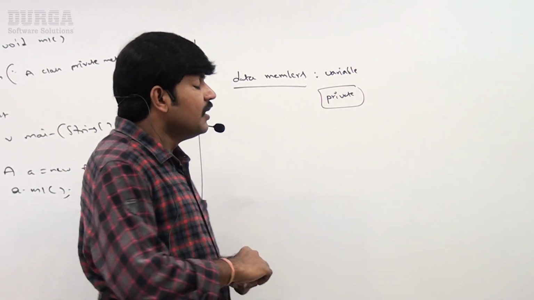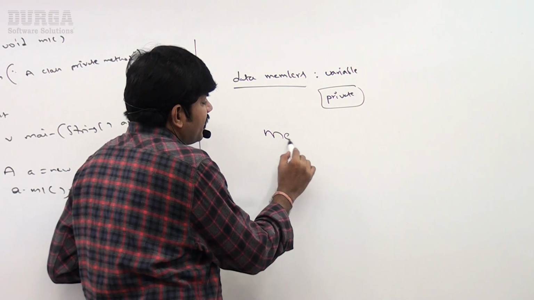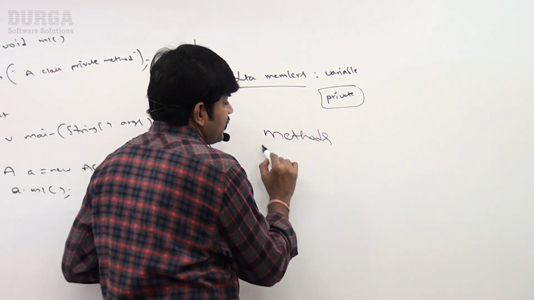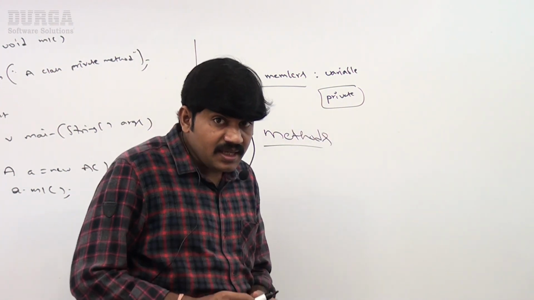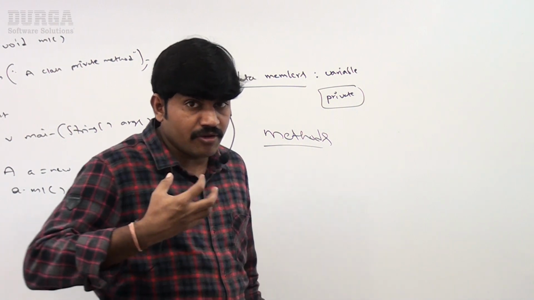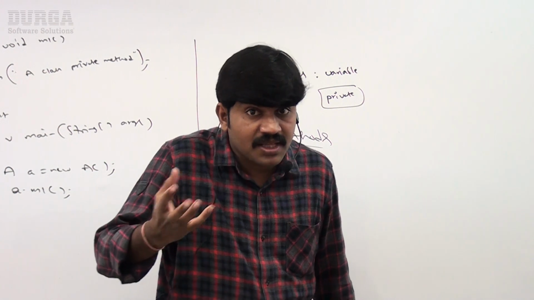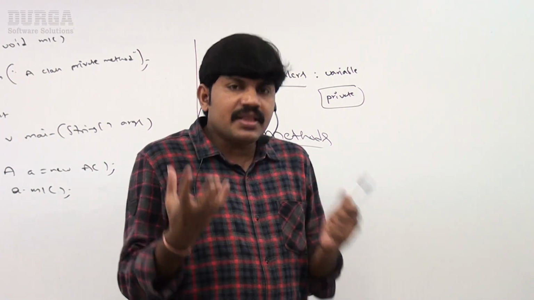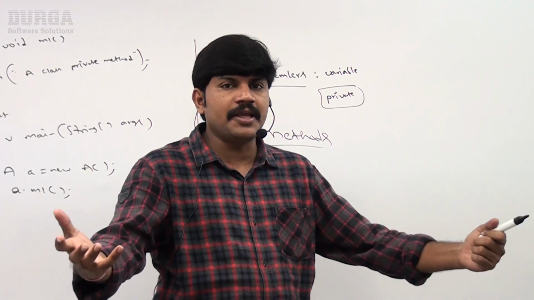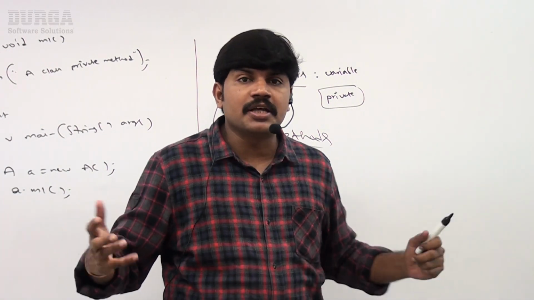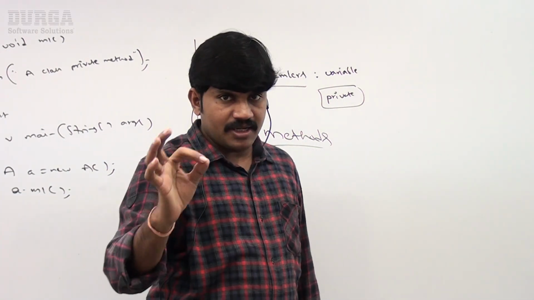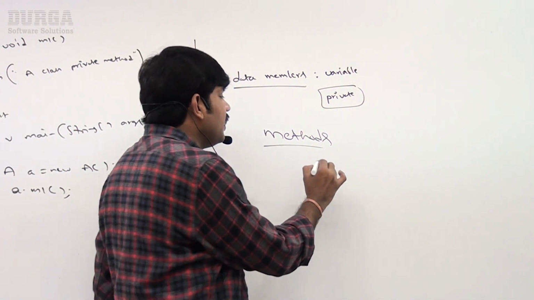Next, what about methods? A method is a service. Whenever you call a method, it does some business logic. So methods should be accessible by as many people as possible. The recommended modifier for methods is public.